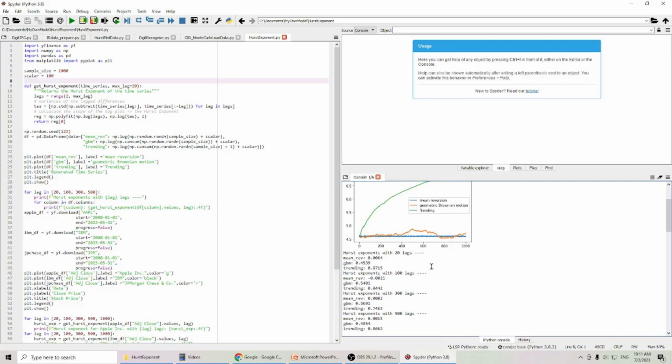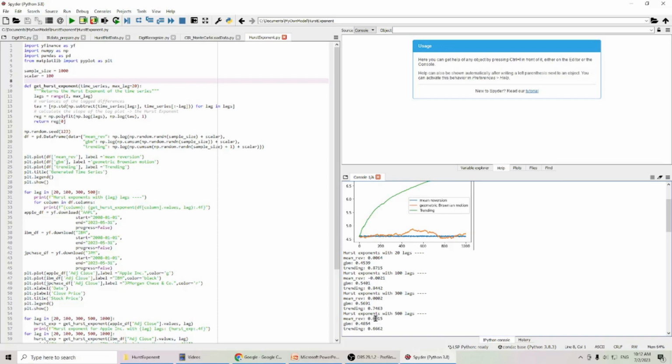And how about this mean reversion? You can see the mean reversion is this blue line, and for all the chunk sizes it's very close to 0.